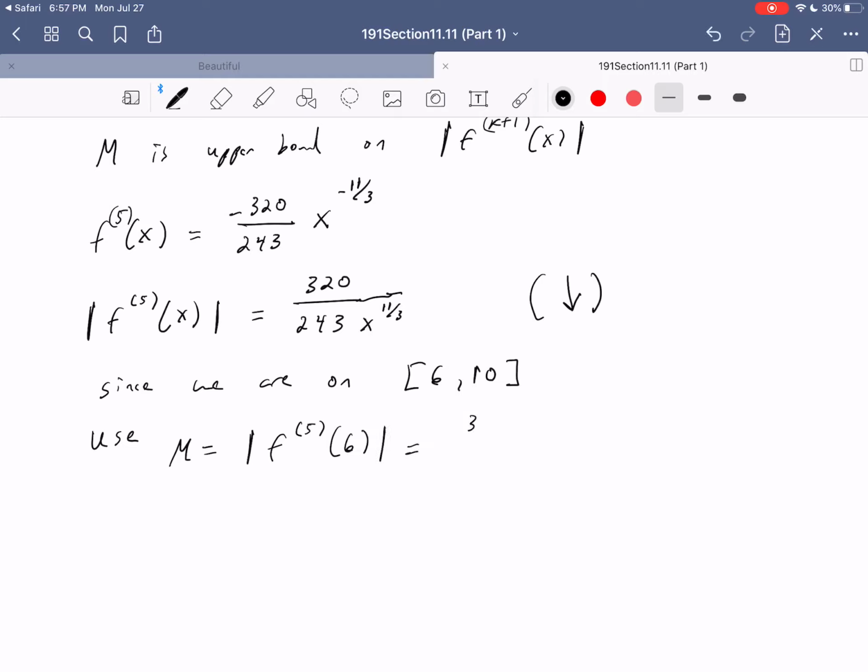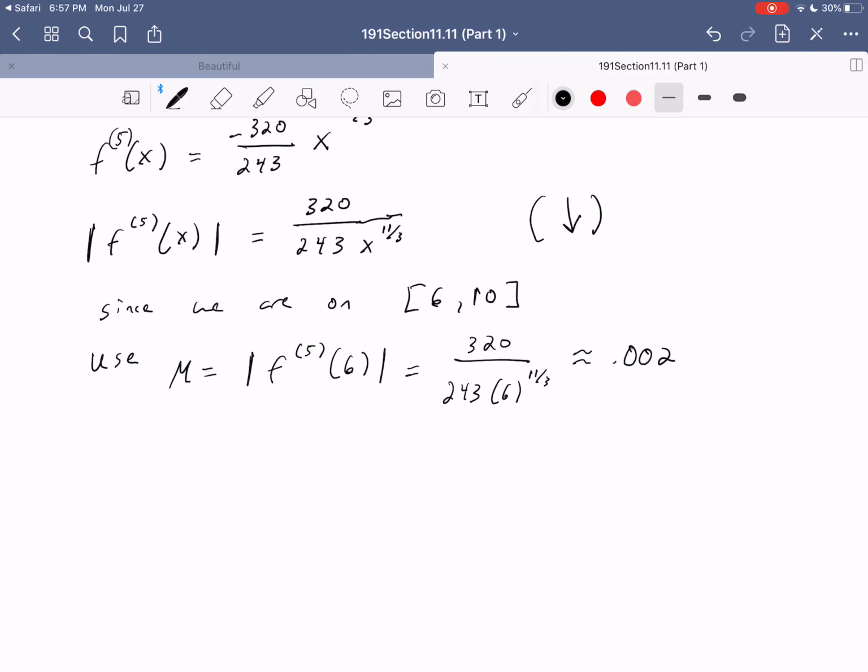So that's going to be 320 over 243, 6 to the 11 over 3 power. We'll have to just do that on our calculator. So 320 divided by 243 divided by 6 to the 11 thirds. Looks like that should come out as approximately 0.002.